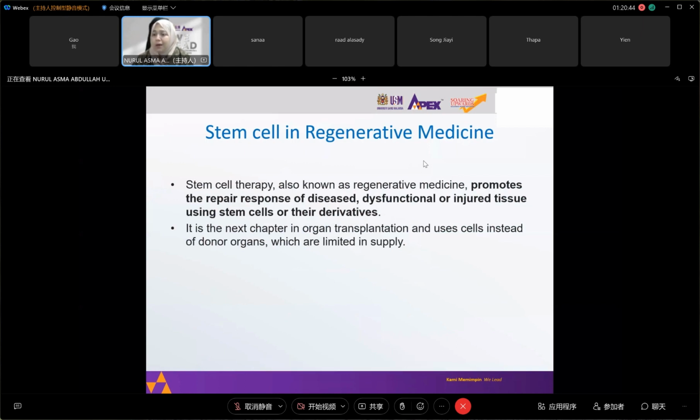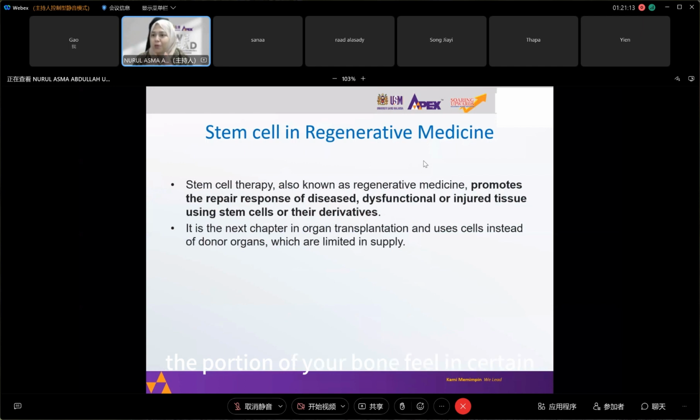In certain conditions, definitely you need a whole organ donation. For example, if you have kidney failure, to regrow or regenerate one whole kidney is impossible, because in regeneration, the aim is not to regrow one whole structure. It's the portion.